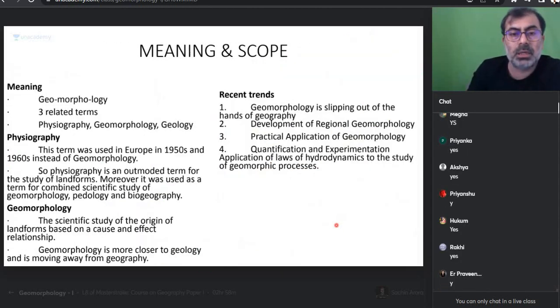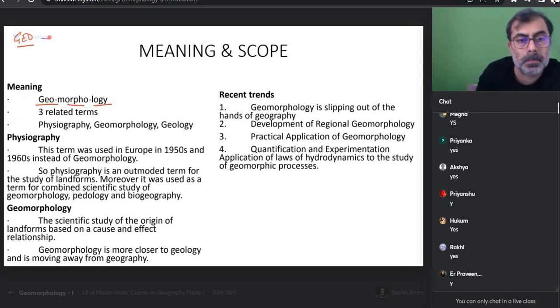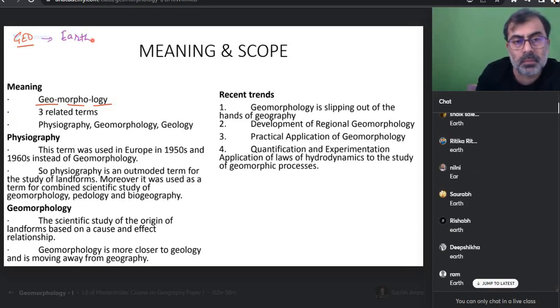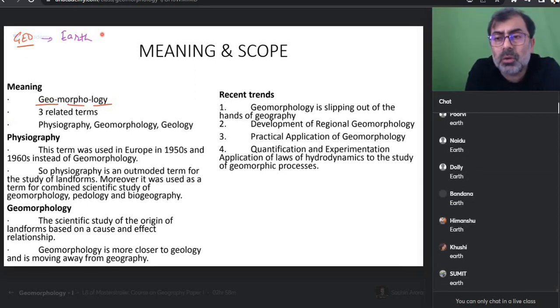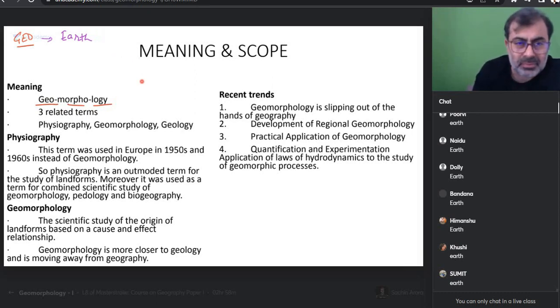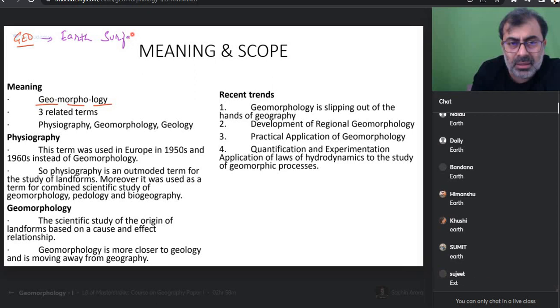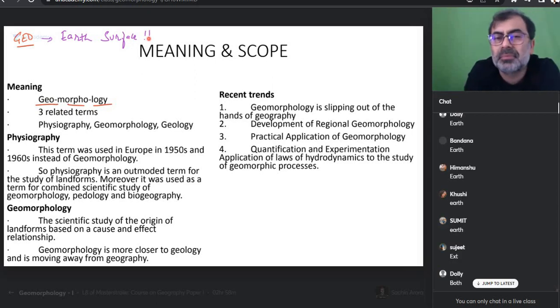Now let's talk about what geomorphology is. There are three words: geo, morpho and logy. What does geo mean? Earth. Interior of earth or exterior of earth? So what difference does it make? Well, in geomorphology let's keep earth surface, because geography is the study of earth surface, remember that.